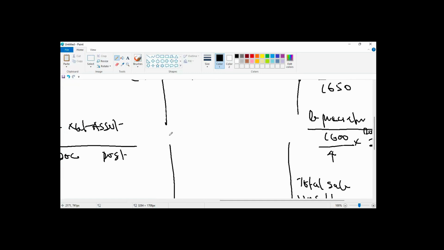Total receivable now, look at it, what it's saying. The trade receivable, the one owing before, 750, plus the one he just sent now, 700. That is 1,450.